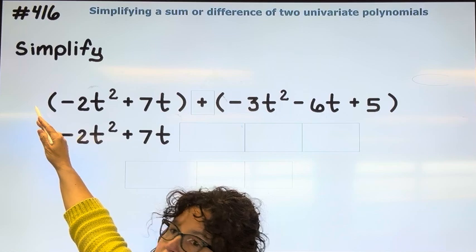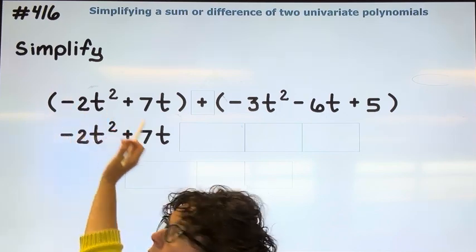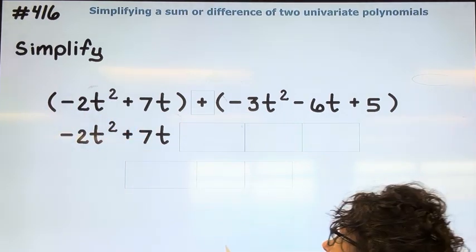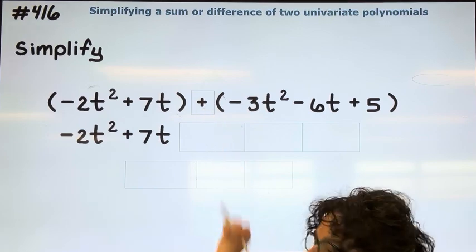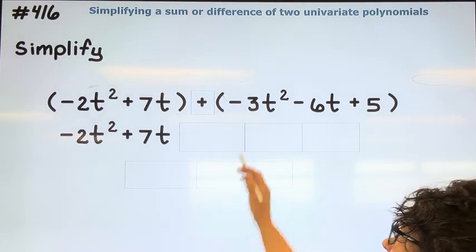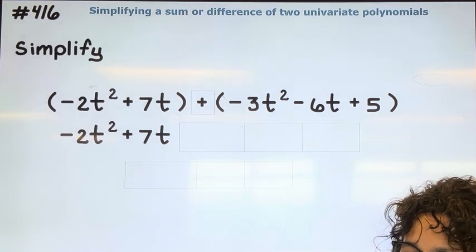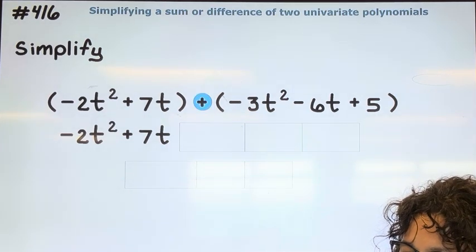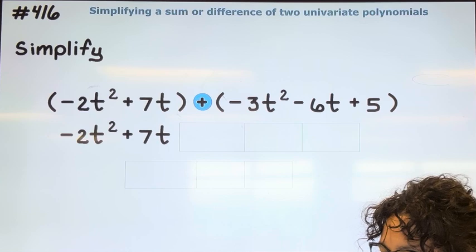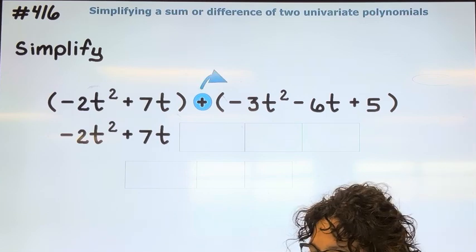Technically, there's a times positive 1, but when you multiply through by a positive 1, none of that changes. And then when you have an addition, I can just remove the parentheses and bring that down. But the reason that we can do that is we're actually distributing the positive through.